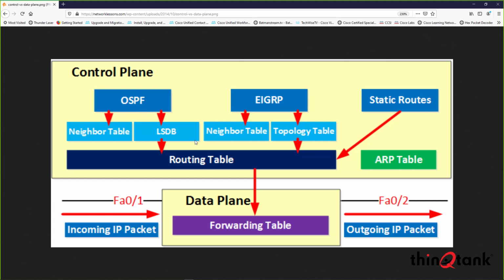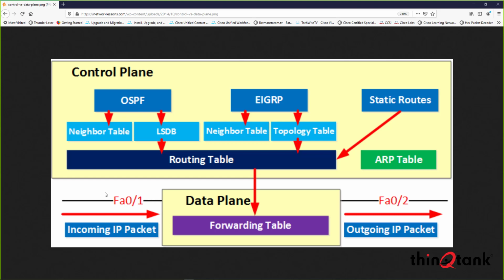The data plane is the interface level, the hardware level, the ASICs, the forwarding data that we use at the ASICs. So we have a forwarding table at the data plane, which is built from something called Cisco Express Forwarding. We have our physical interfaces, we have our physical ASICs at the data plane.